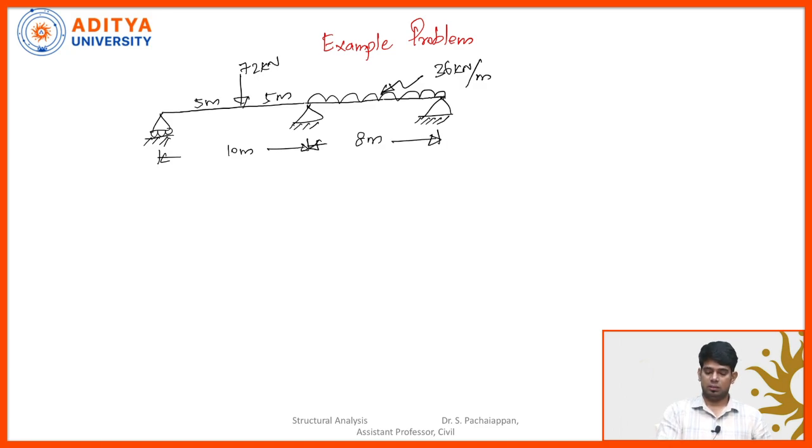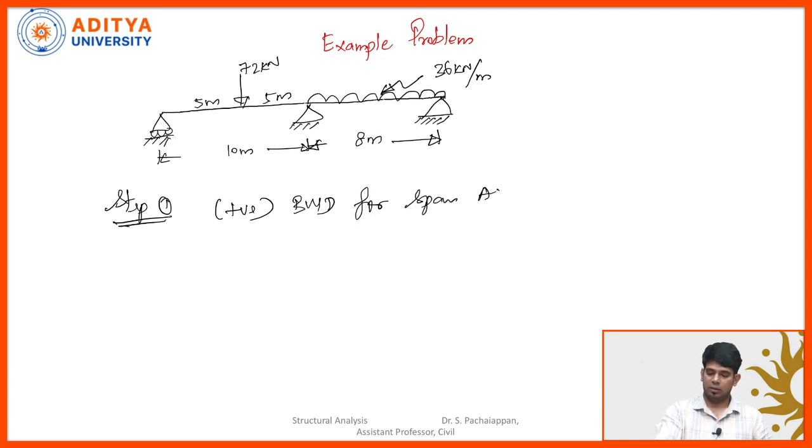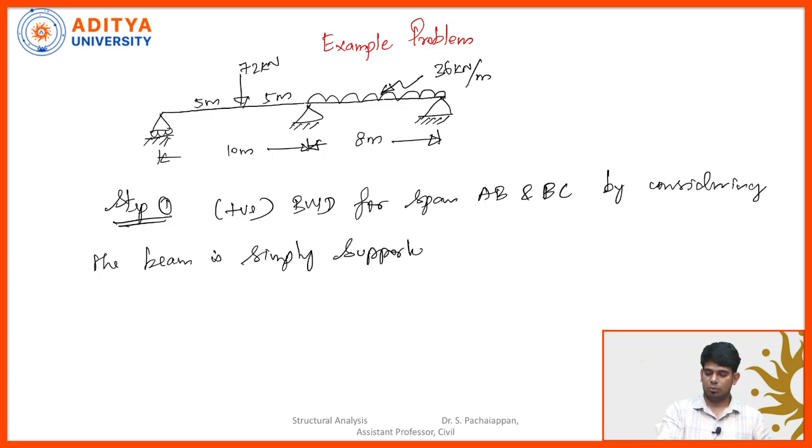Now, step 1: I need to calculate the positive bending moment diagram for span AB and BC by considering the beam as simply supported.